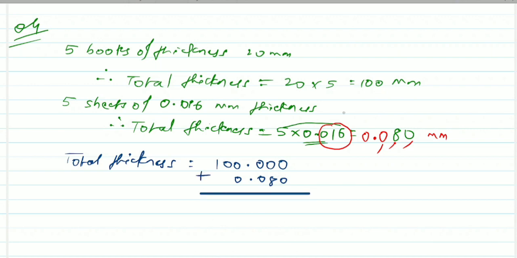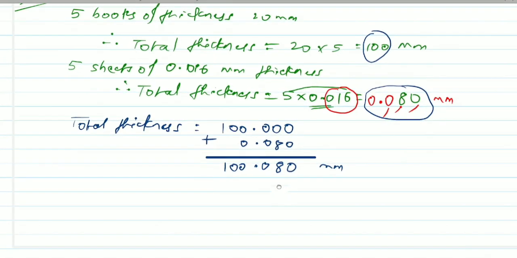See how we have added, it was 100 only, there was no decimal point, and in the second number there were 3 digits after the decimal point. So I have written this as 100.000. We have to write the decimal point one below the other, always remember this, and it's becoming 100.080 mm.